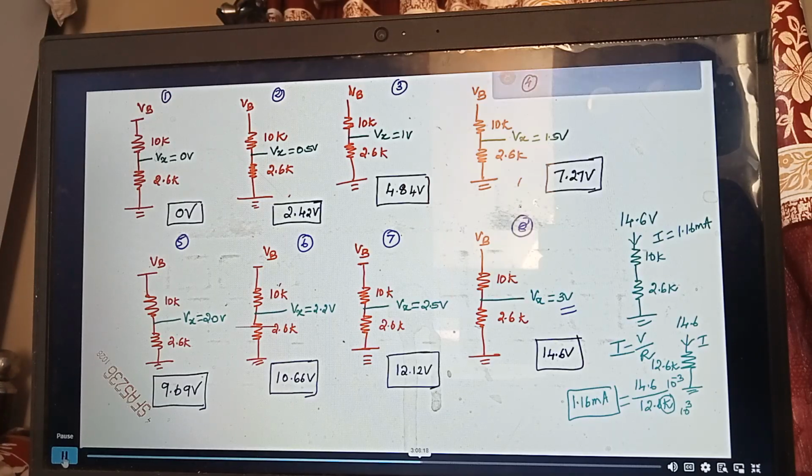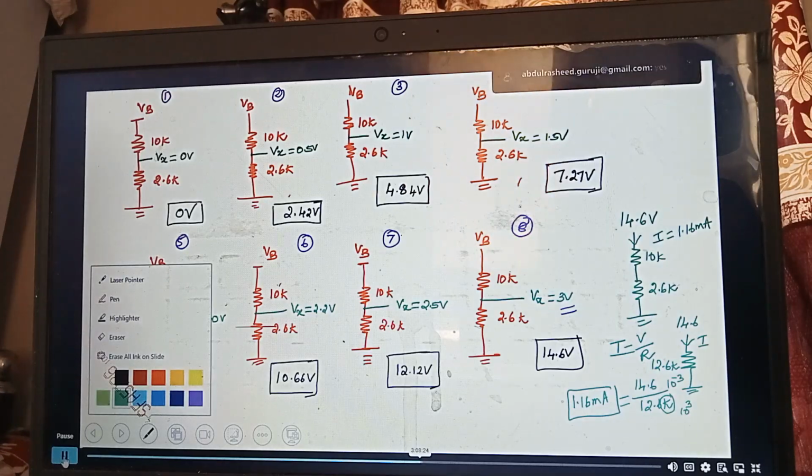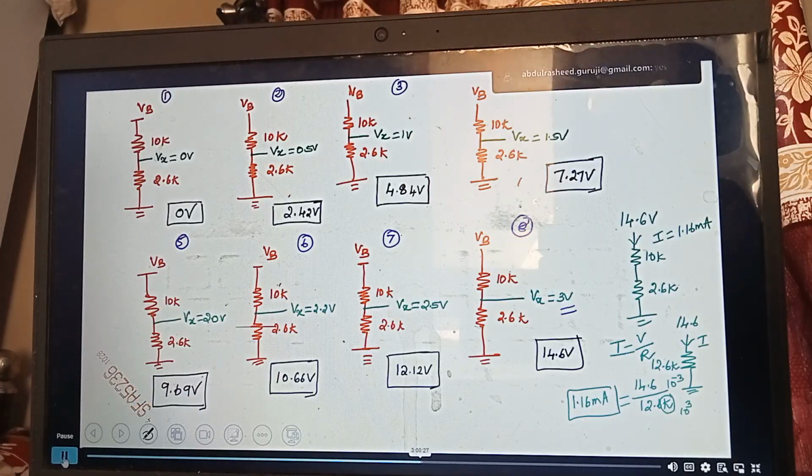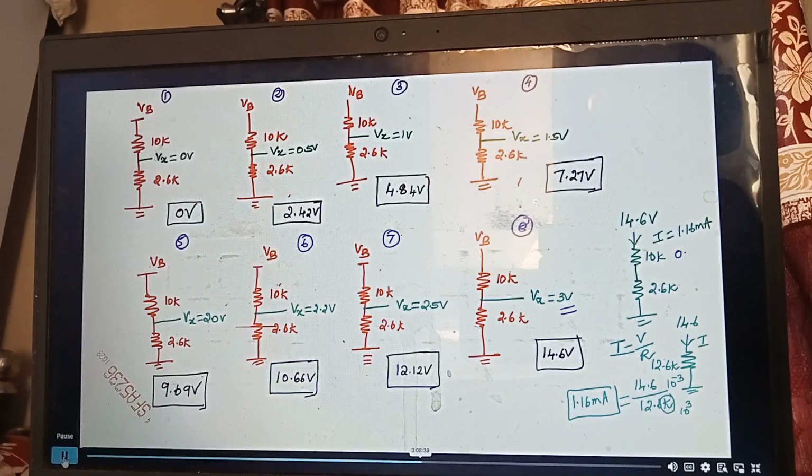Is it for 10K? Okay. 0.0186 watt. So Abdul says 0.018 watts is the power dissipation for the first resistor. For the second resistor, Moria says 0.96.